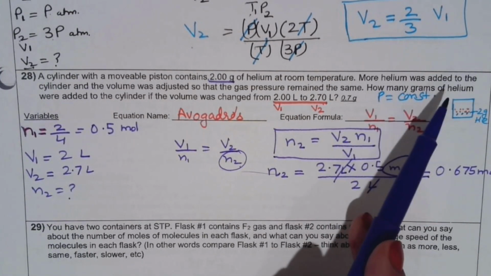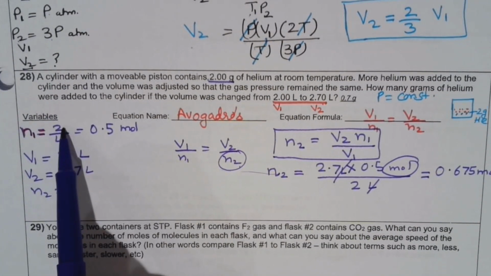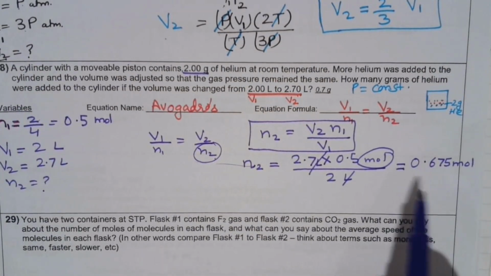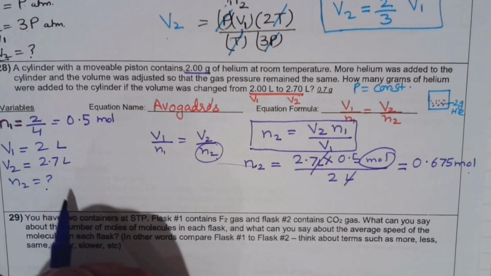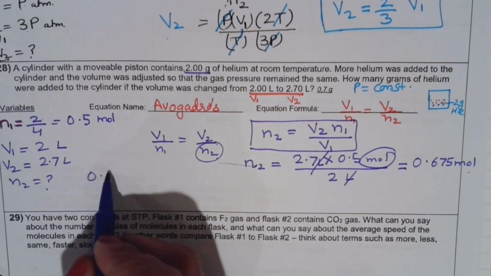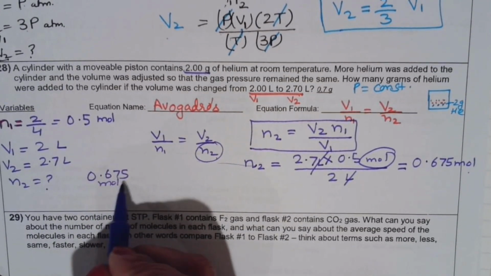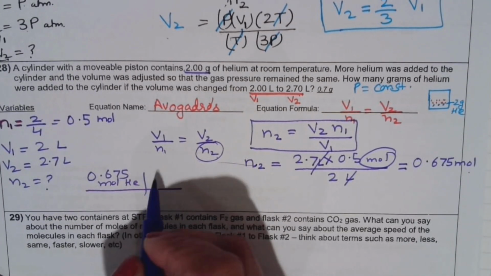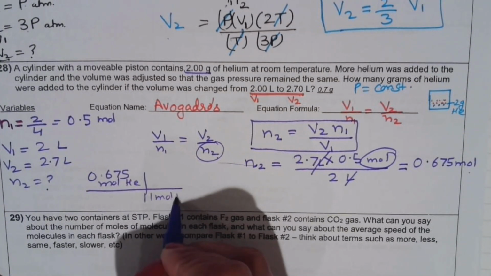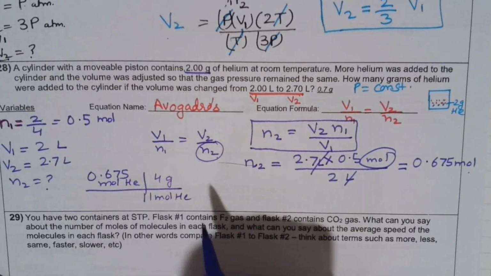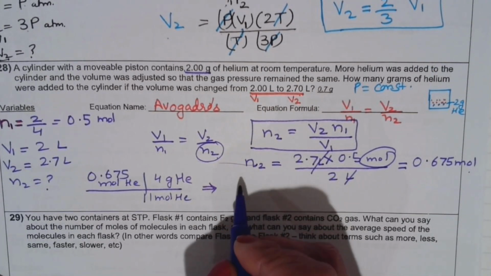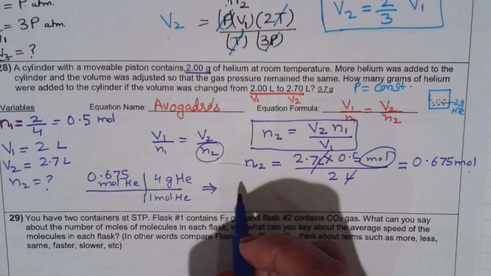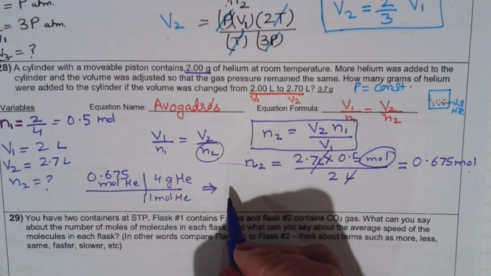We want our answer in grams. How many grams of helium were added to 2 grams, right? So convert 0.675 moles into grams first. So this would be 0.675 moles helium, and 1 mole of helium is 4 grams, right? So if you convert that, this number comes out to be 2.7 grams.